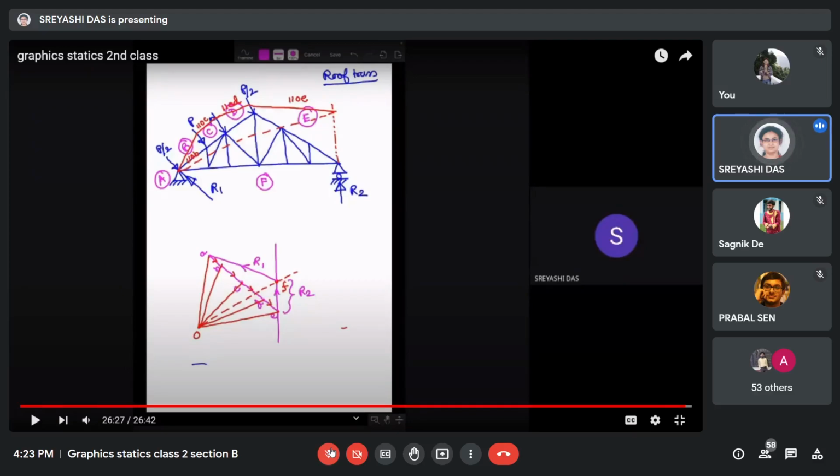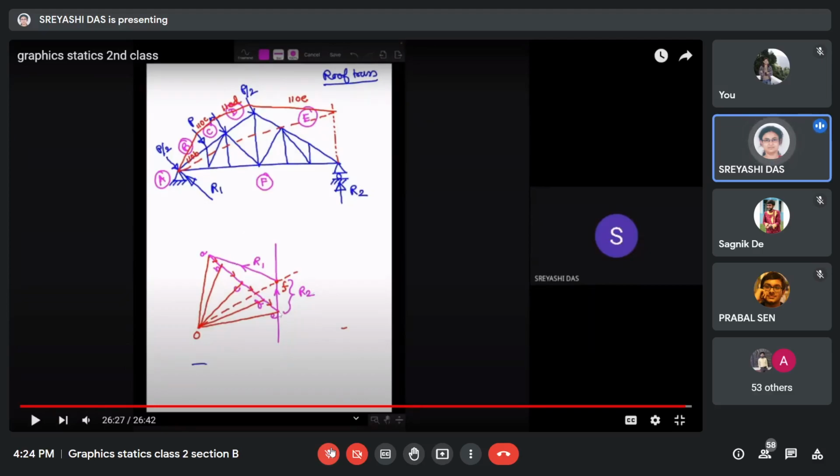So Srijan, basically we got R1, isn't it? So from this diagram, we can see that R1 force, we get the direction and magnitude of R1. You want to get the horizontal and vertical component of R1, isn't it? Yes, ma'am. So that means you know the magnitude and direction of R1 from this force diagram.